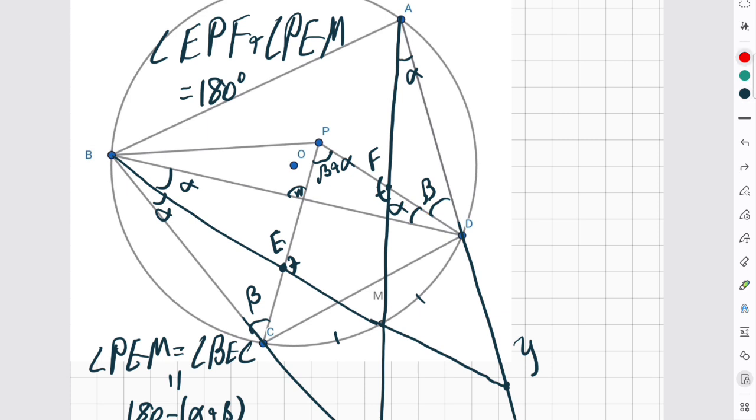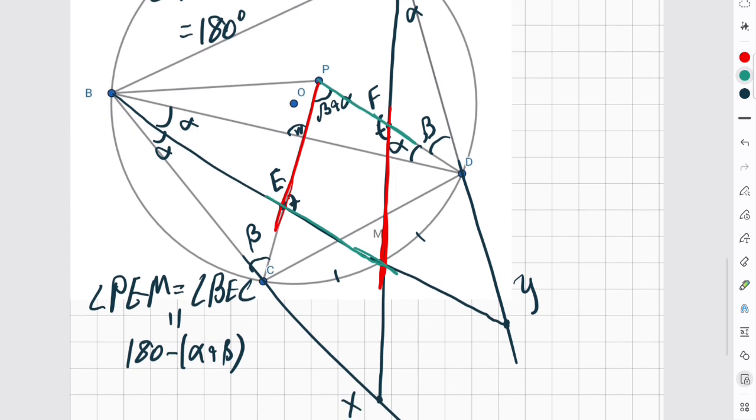It means that the lines PE and FM are parallel. Also the same for the lines PD and EM. So we get here a parallelogram, and we will use it a lot in this question.